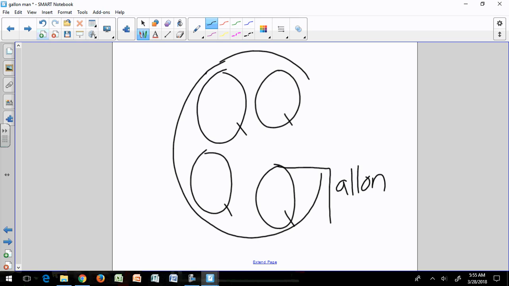And in each quart, we have 2 pints. And in each pint, we have 2 cups. Little C's inside those P's. Okay?